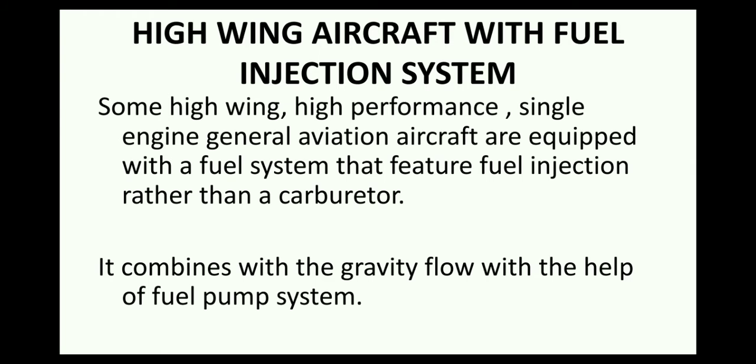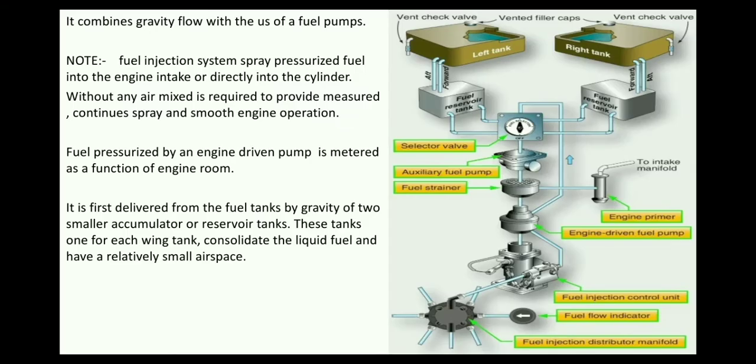The carburetor is not used, but the fuel injection system is used to inject the fuel into the engine. It combines gravity flow with the help of a fuel pump. It is a combination of the gravity fuel feed system and the pump system. In this figure you can see the left tank and right tank.